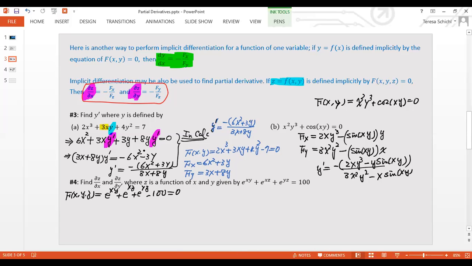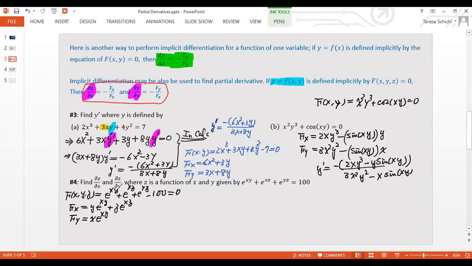All right. So now we can just do a partial of x. That means I treat everything else as constant, right? This one here will be y e to the xy, because you take the derivative with respect to x and then the chain rule for the xy. And then here we got another one, so this is z e to the xz. All right, and the remaining is 0 because I'm taking the x. Now for the y, this will be x e to the xy.